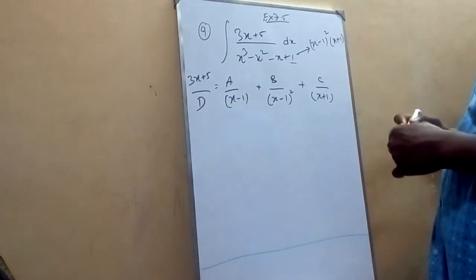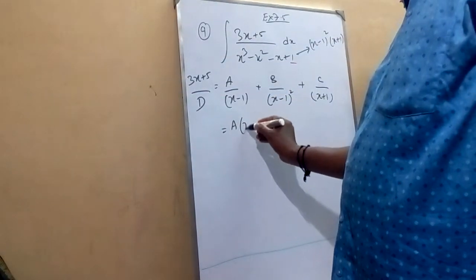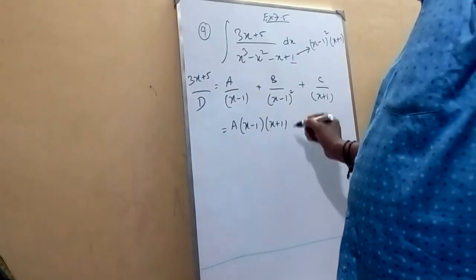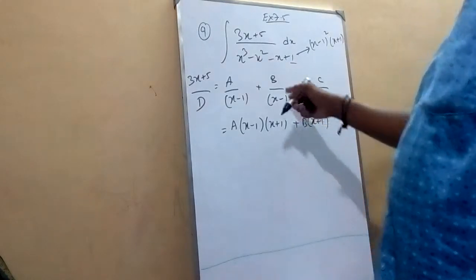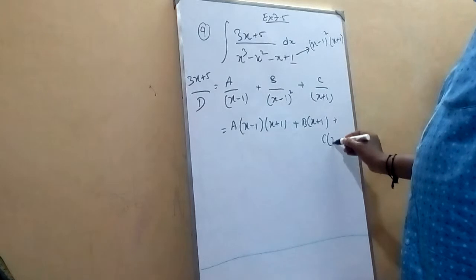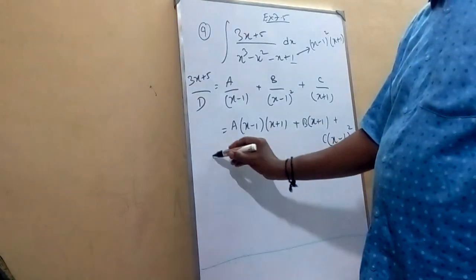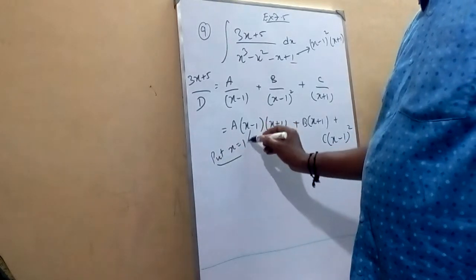Now you have to take the LCM: A into x minus 1 into x plus 1, plus B into x plus 1, because x minus 1 is already there, plus C into x minus 1 the whole square.